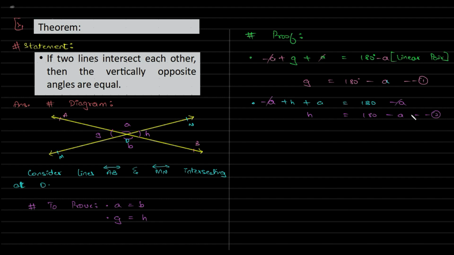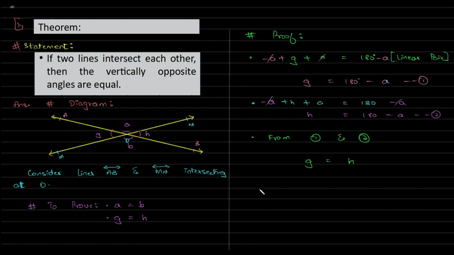And here you need not write linear pair again because we already said it over here. So not an issue. From 1 and 2, what can you tell? We can clearly tell G is equal to H. Clearly you can see that the RHS is equal, so the LHS has to be equal. This is again your axiom.